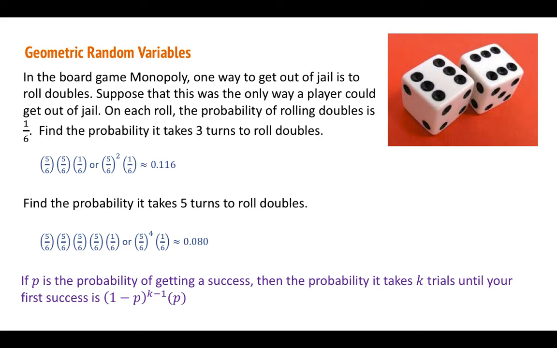If P is the probability of getting a success, then the probability it takes K trials until your first success is 1 minus P, because this means you didn't get a success, to the K minus 1, and then you got a success on the Kth trial. Like in the previous case, on the 5th trial, we had 4 failures, and then on the 5th trial we got a success.